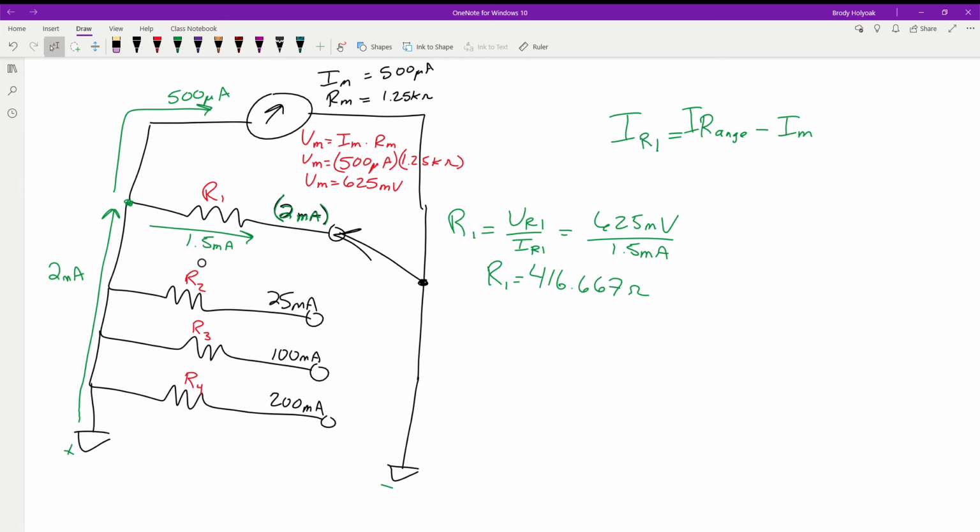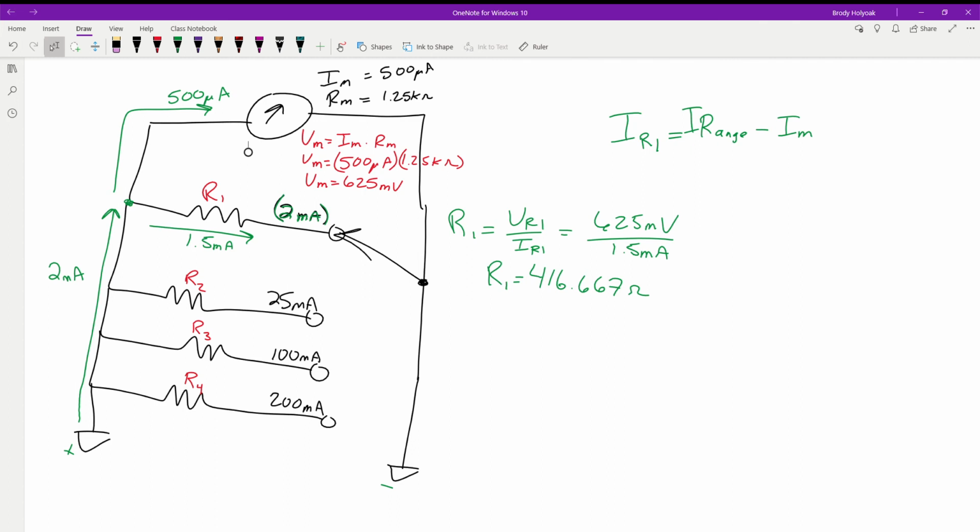Then we need to solve for this resistance value. How can I get there? Using Ohm's law, we need the voltage of resistor 1 divided by the current of resistor 1. We can get the voltage because R1 is in parallel with the meter.